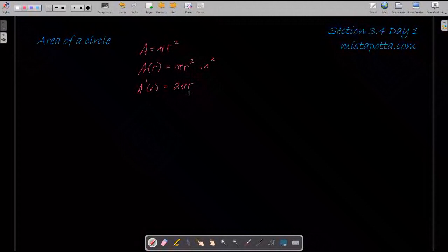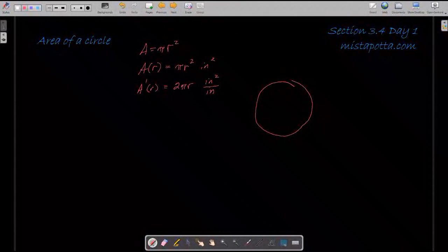And this is rather interesting because, one, my units are going to be inches squared per inch, and it looks like this should reduce down to just 2 pi r inches. But it's also interesting in that if I have a circle, 2 pi r describes my circumference.